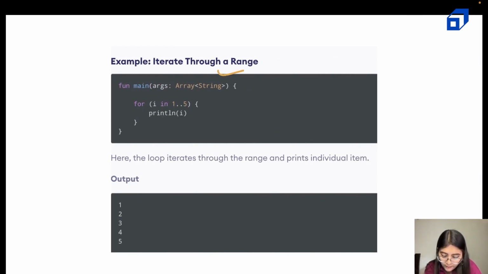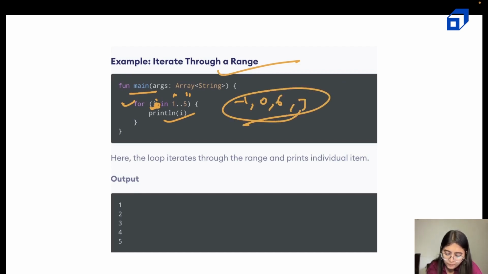So let's say you have to iterate through a range of values. So this is the main function. Inside this, for i in 1 to 5, right? If the value of i is between 1 to 5, then keep on printing i. If the value of i becomes, let's say, -1 or 0 or 7, 6, anything, then it will not execute this piece of code.